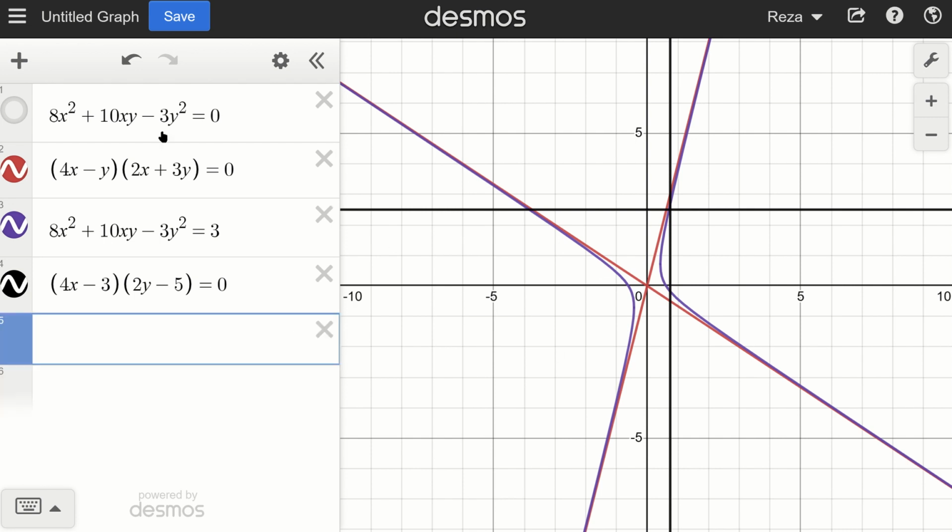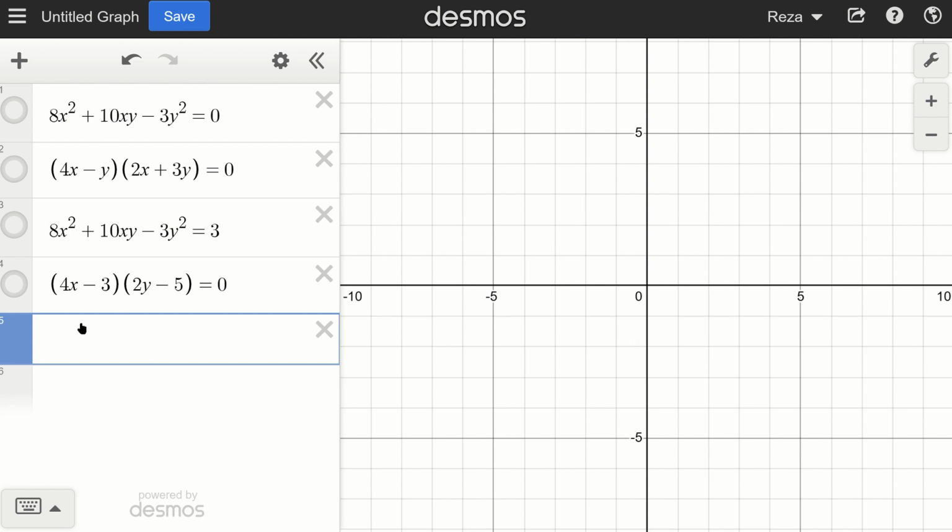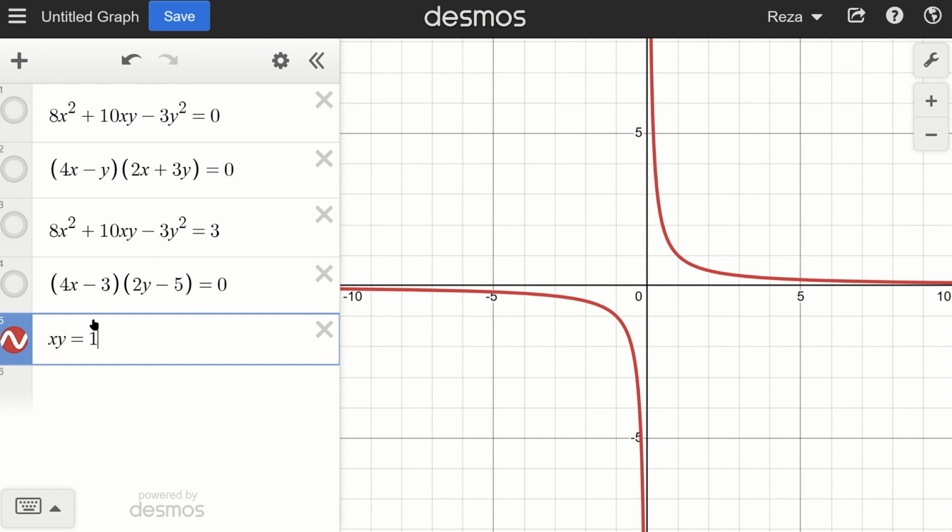In fact, if you simply, let me turn all these off. If you simply just graph, say, x times y equals 1, you can see we've graphed these before in our sections that covered graphing of equations, and these always ended up giving us an interesting case of this oblique kind of hyperbola, these rotated hyperbolas.